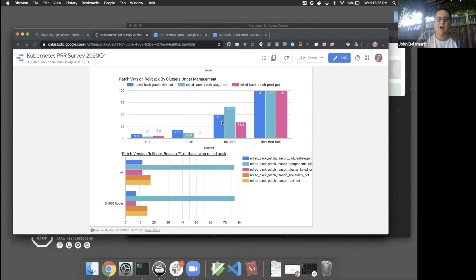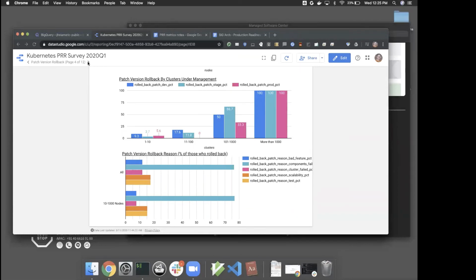Understanding why patch is rolled back more often, I mean, there is something to that. It's an operation that's done more often, so it has the potential to be undone more often, I think. But I'm not sure how to get at that in a question. Yeah, not an easy way.